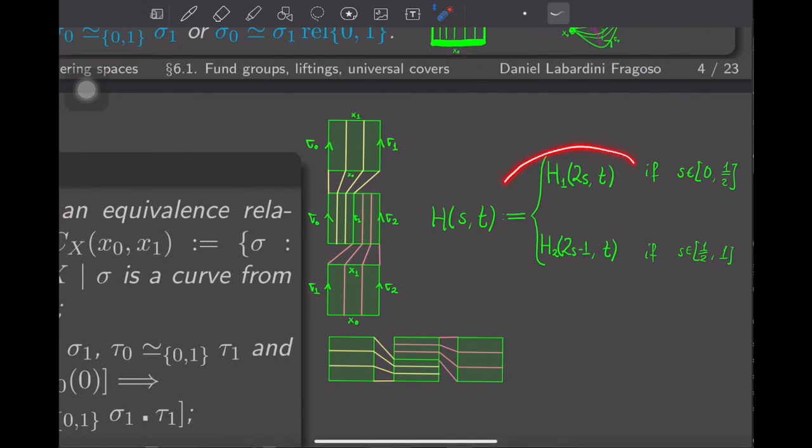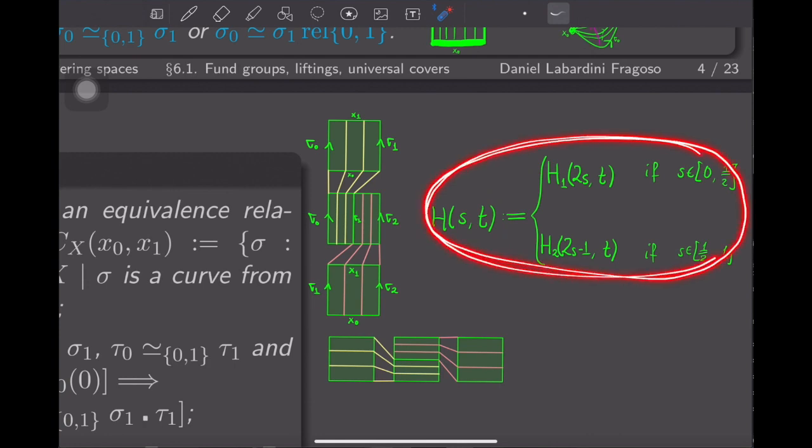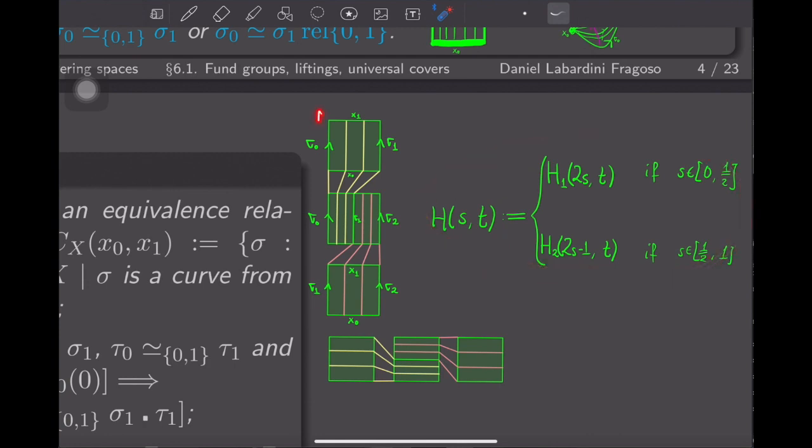And you see, I could read what the formula should be just from this diagram.